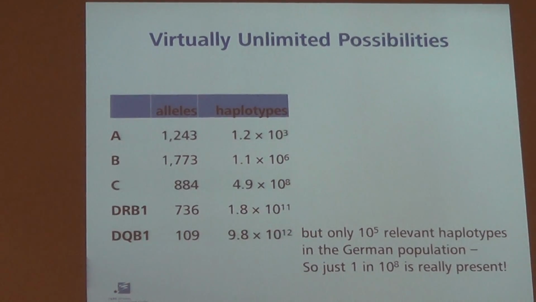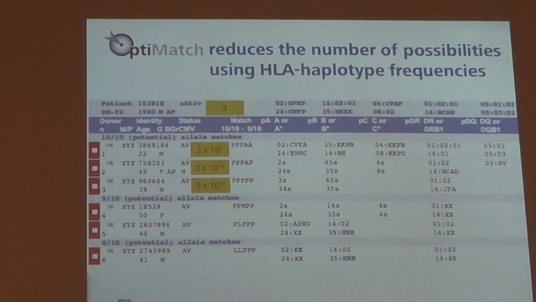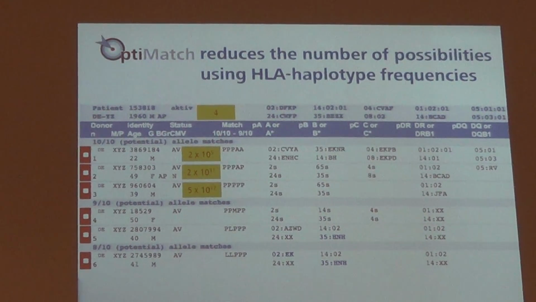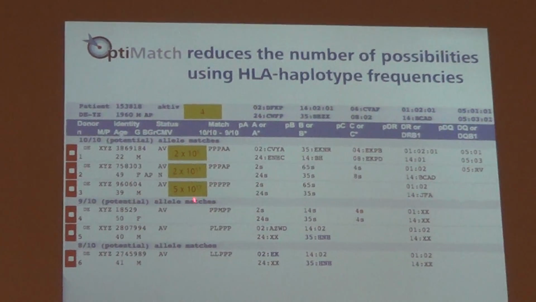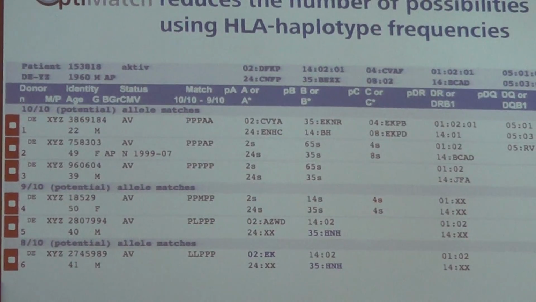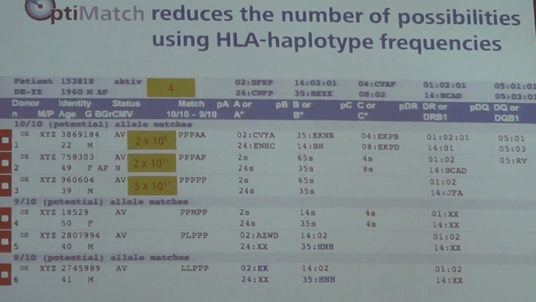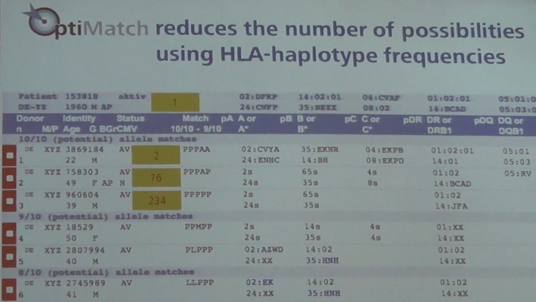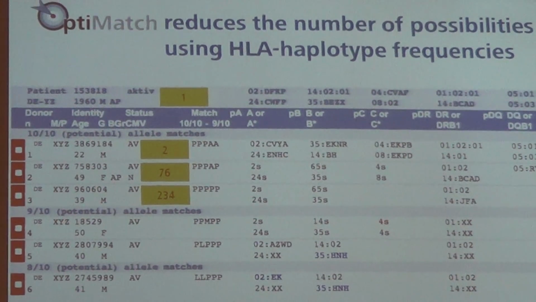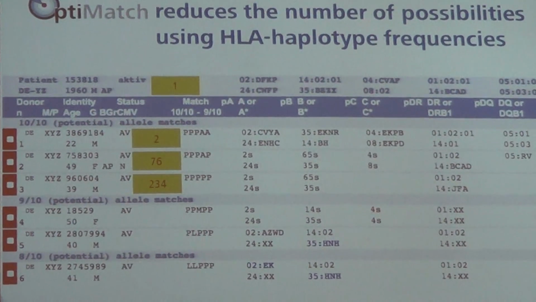So this allows us to boil down this myriad of possibilities, and I will skip a few slides, bringing these huge numbers between 200,000 and 10 to the 17th to a fairly handleable amount between 2 and 200 possibilities.